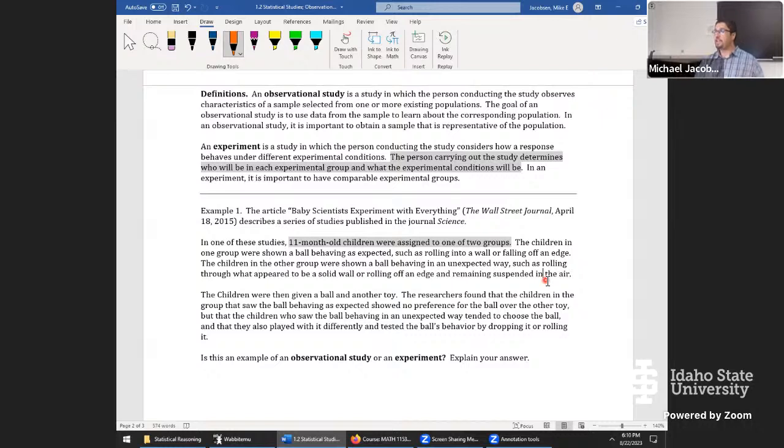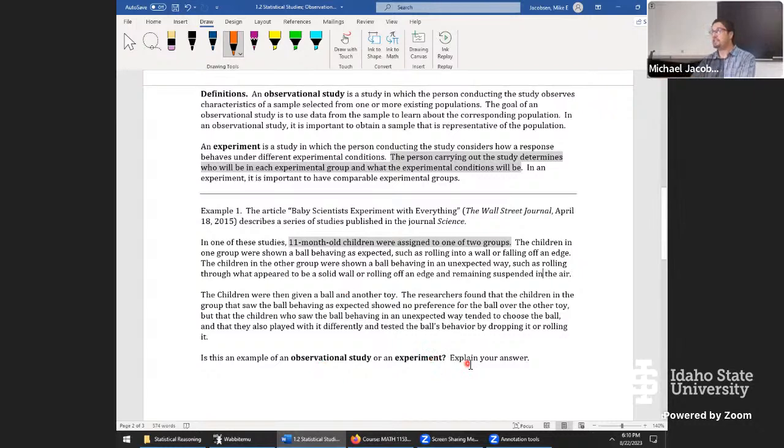Yes, one group of kids got the normal ball. The second group got the ball that was behaving differently. And that's really the essence there. If we're placing people into different experimental conditions, comparing what happens afterwards, then we definitely have an experimental design.